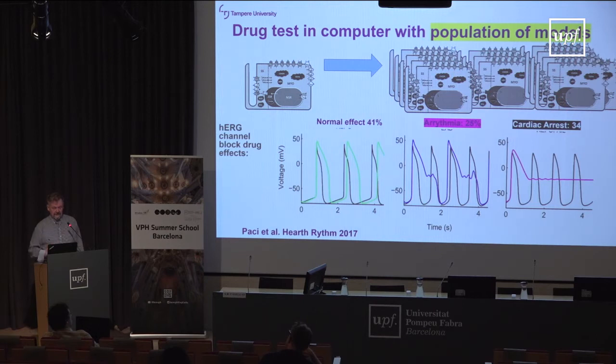This is a one channel blocker, and here it behaves on these cardiomyocytes as usual. Then some of the cardiomyocytes actually produce arrhythmia, and there's even cardiac arrest. Of course, this is happening in computers, so no patient has been harmed and no cells have been harmed.